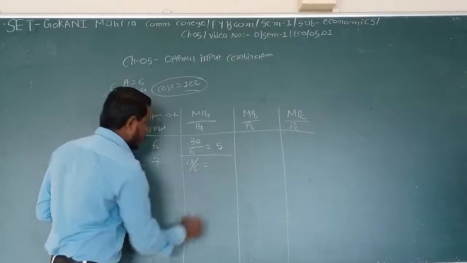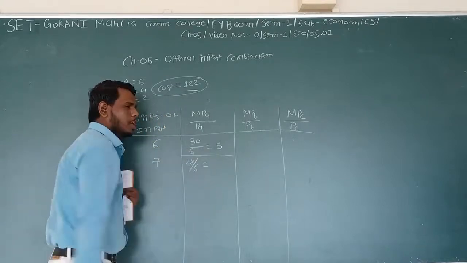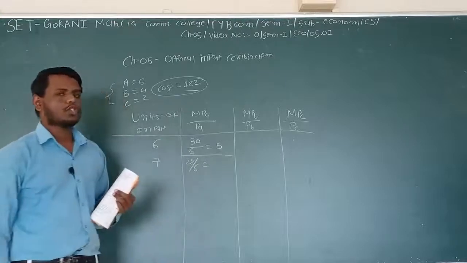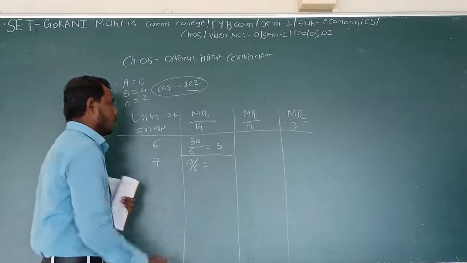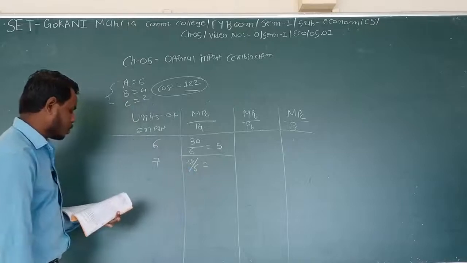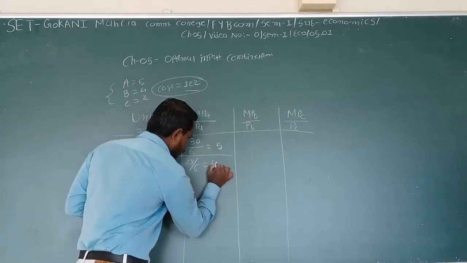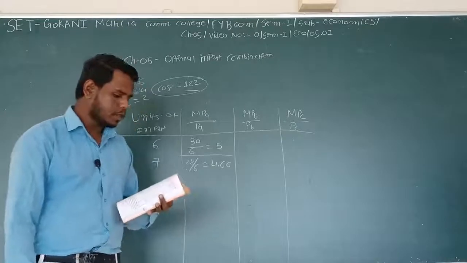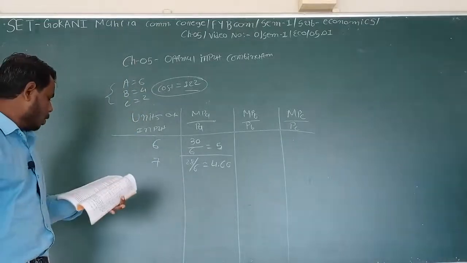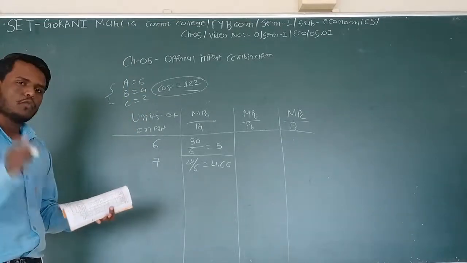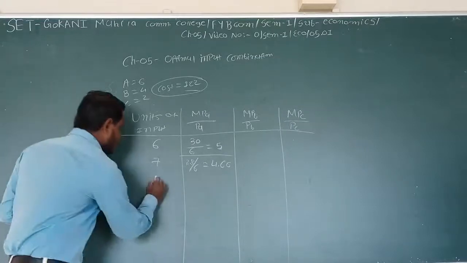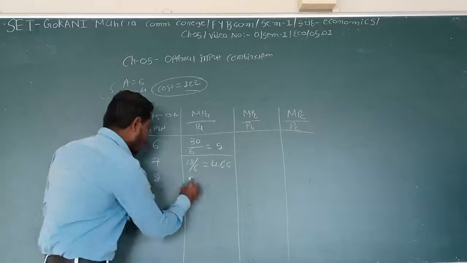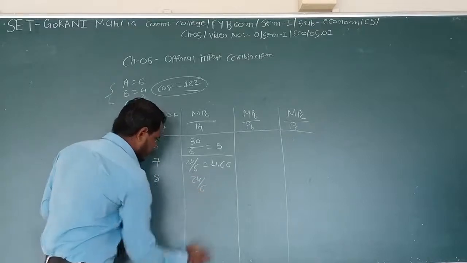Then 28 divided by 6, because 28 is the marginal productivity of A and it will be divided by the price of A, and you will get 4.66. After that, when the unit of input A is 8, then 24 is given.